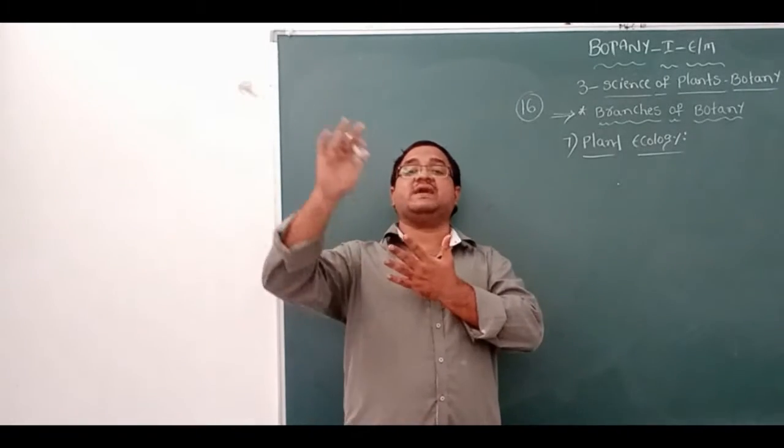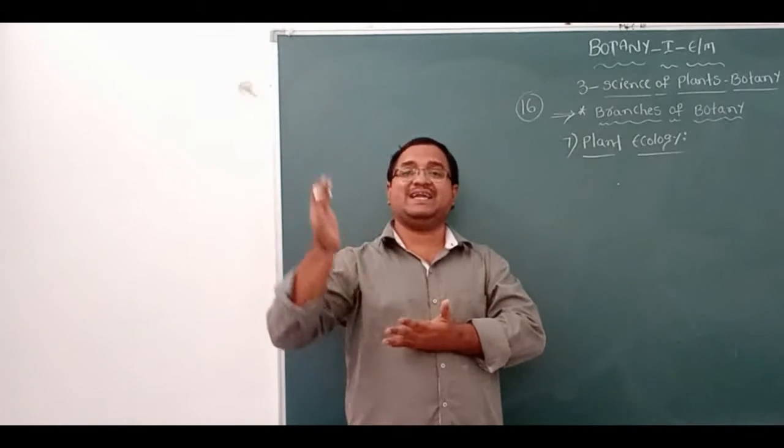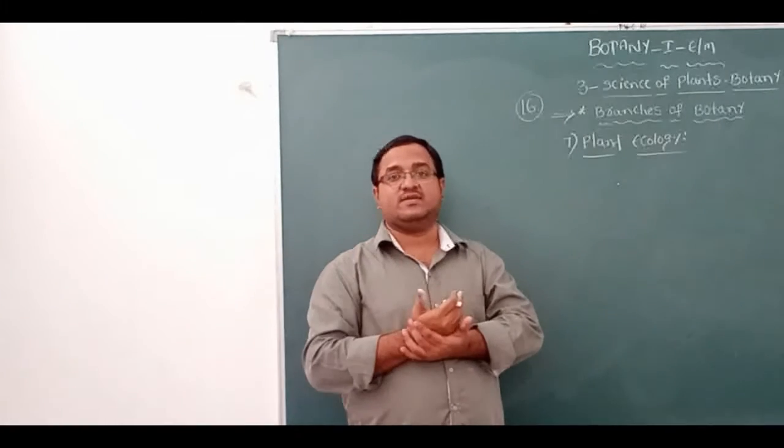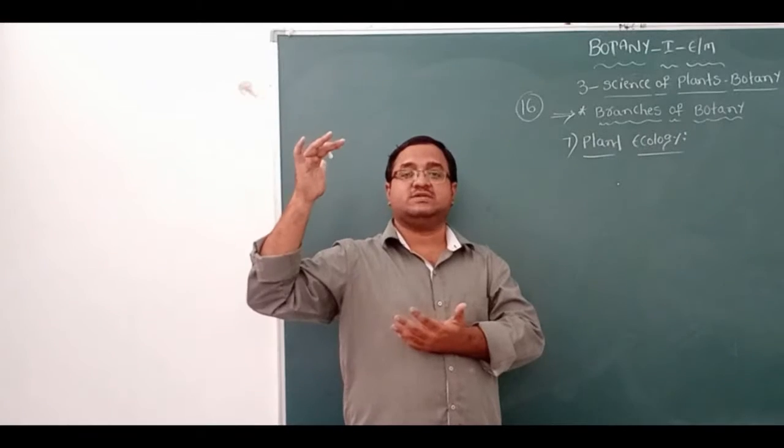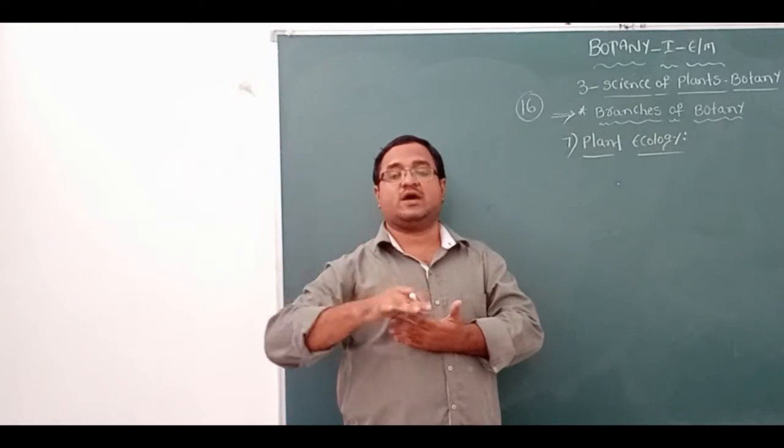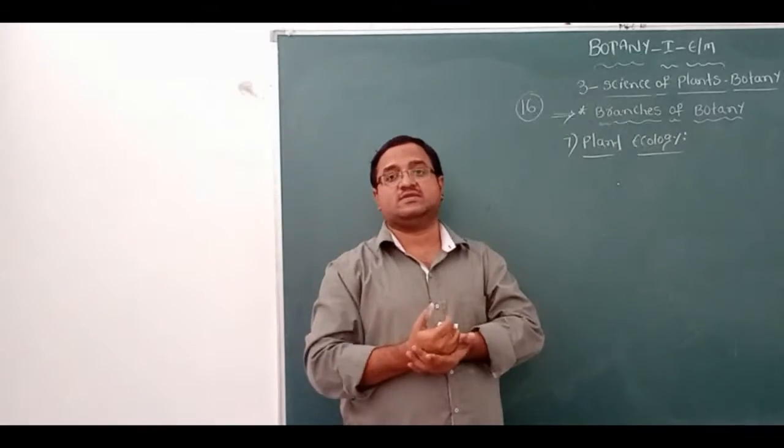How are the plants depending on the environment? In the environment, biotic factors are there, abiotic factors are there. How the plants depend on sunlight, how the plants depend on water, how the plants depend on carbon dioxide.